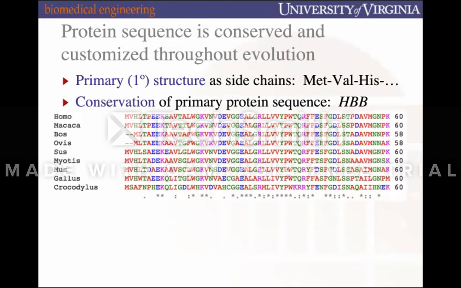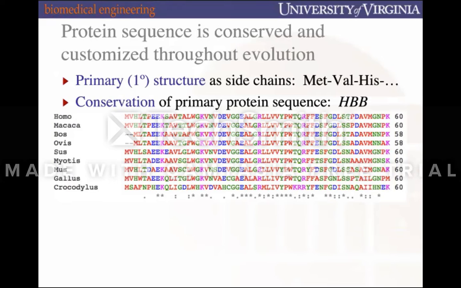And what's important to also consider is the conservation, or the preservation, of a specific amino acid sequence across time, and a way that we can do that is to look at different species. So here, from top to bottom, we have humans, rhesus macaque, the cow, sheep, boar I think, bat, mouse, chicken, and crocodile.